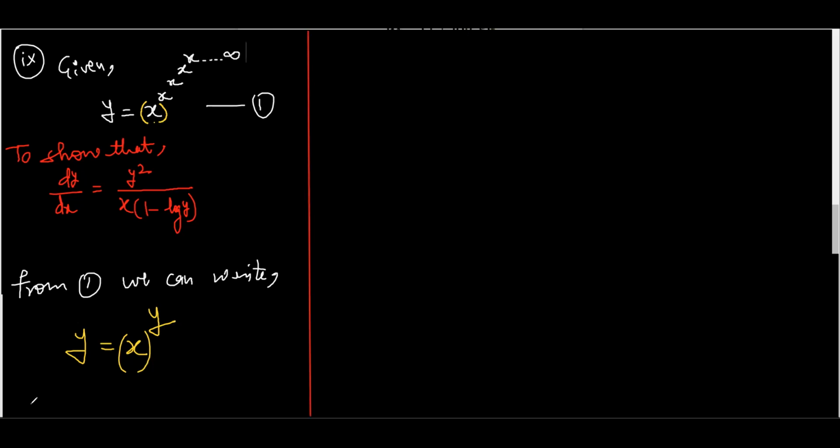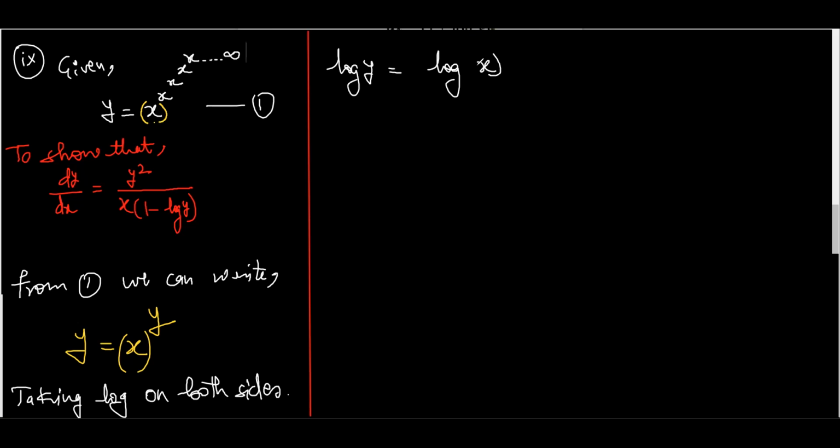So taking log on both sides, I get log of y equals log of x raised to y. Now this y will come here as a coefficient, using the laws of logarithm: log of power is coefficient of log. So you have y into log of x.